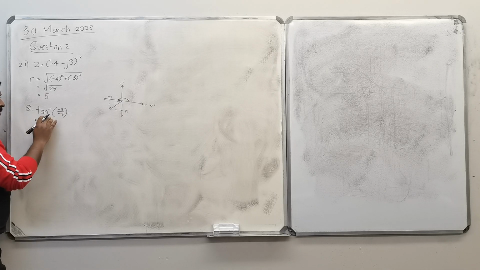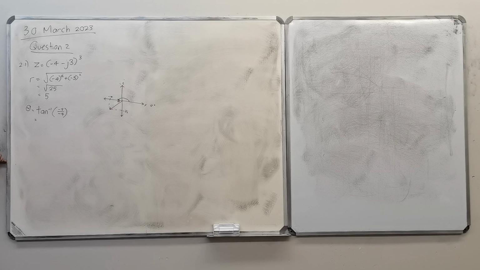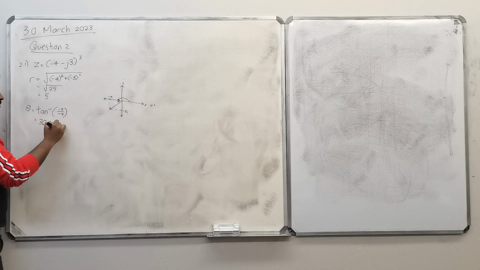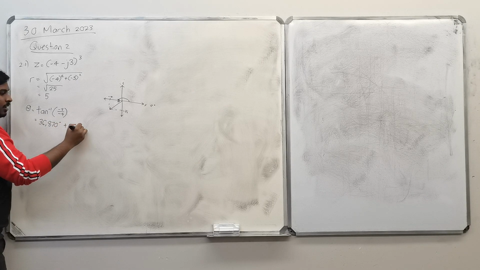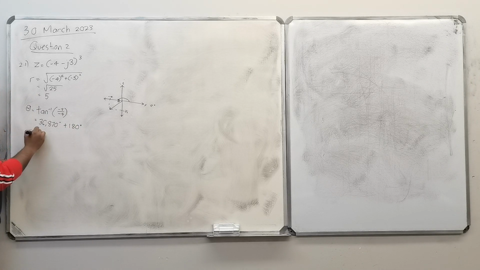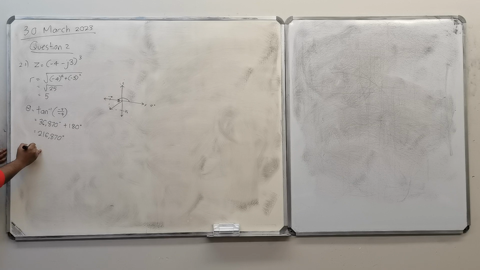Okay, so what number do you get here? 36.870 degrees, right? Plus 180. So you're going to get 216.870 degrees.